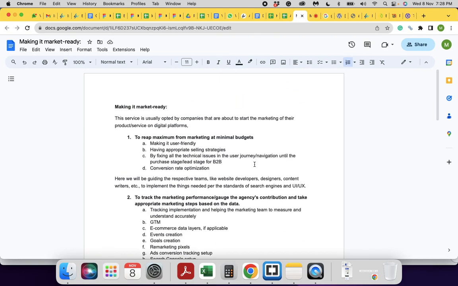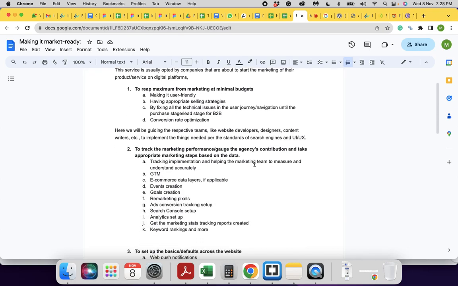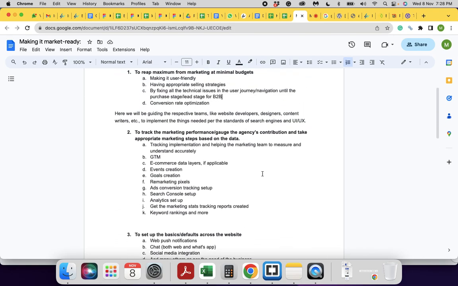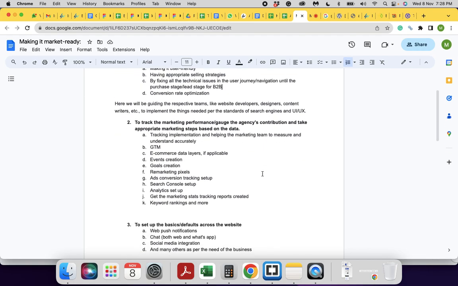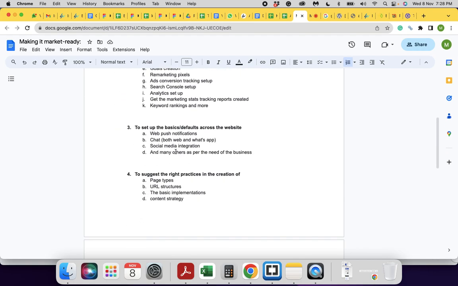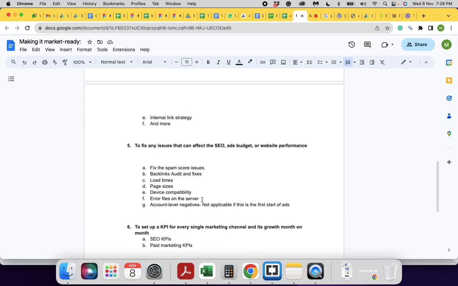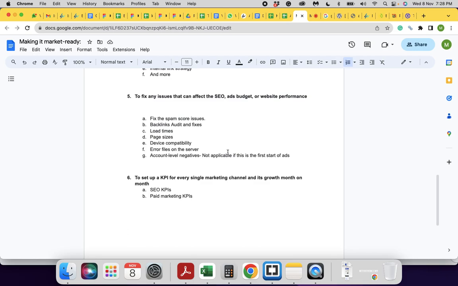Regardless of the type of service, all your traffic comes to the website only, right? So we address everything around the website. That's why we brought the discussion about the Google Ads account as well. We consider that as well.